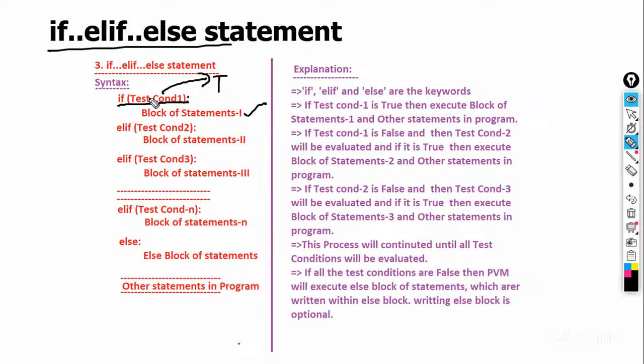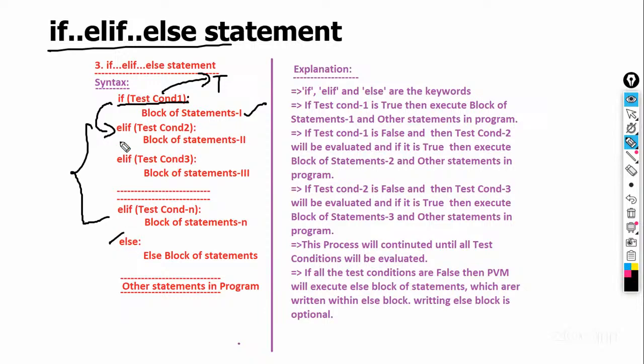What if the condition that we have in the if block is false? It goes to the next block called the elif block. What type of statement are we using? If, elif, else statements. So we'll have one if block, then we can have multiple elif blocks and one else block.